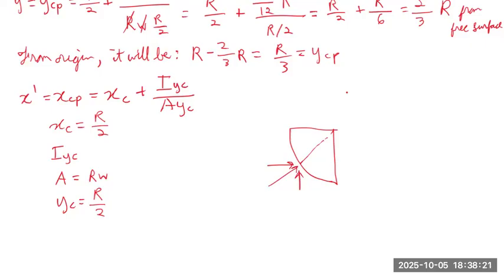So to find XCP, first note that the line of action for the resultant pressure force must pass through the origin of the gate, since the pressure force is everywhere perpendicular to the gate surface. So thus we can come up with a formula. This one is YCP. We want to find XCP.